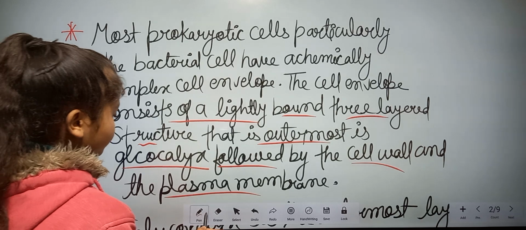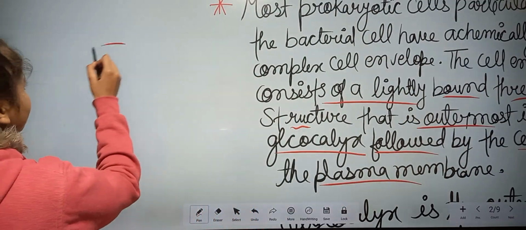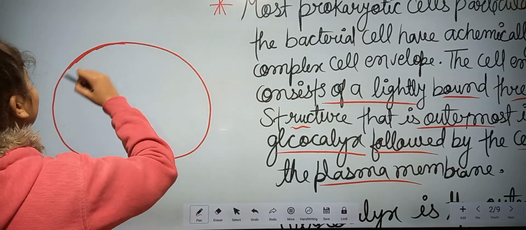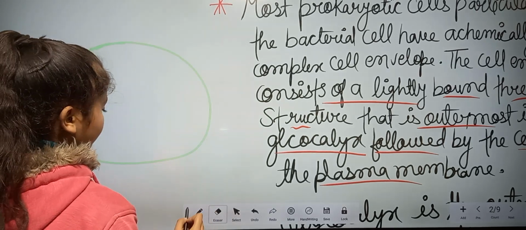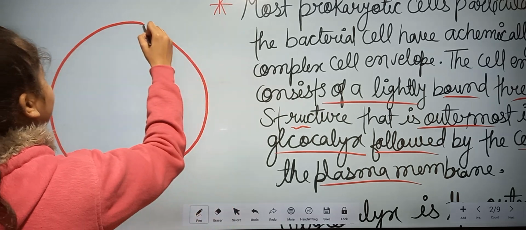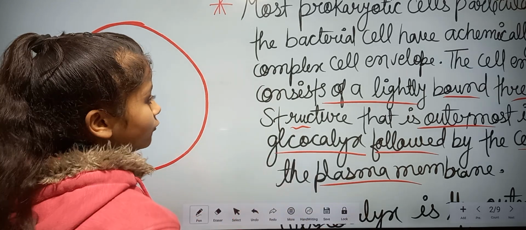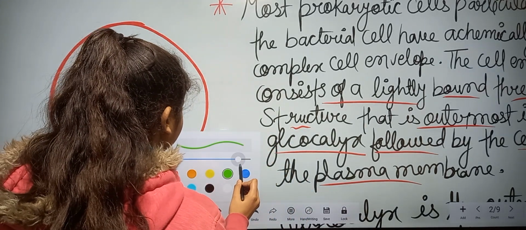Suppose this is the glycocalyx. This outer layer is called glycocalyx, and followed by it is the cell wall.